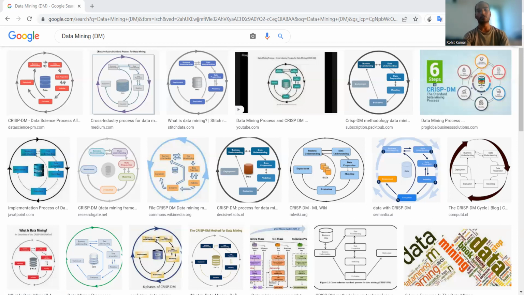So when you consider all these aspects, the wholesome concept of data mining comes into the picture.